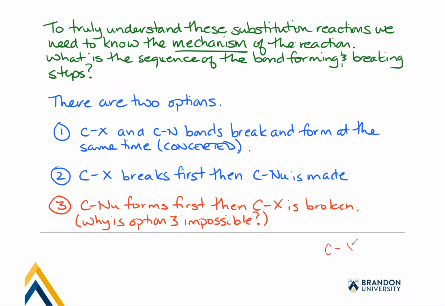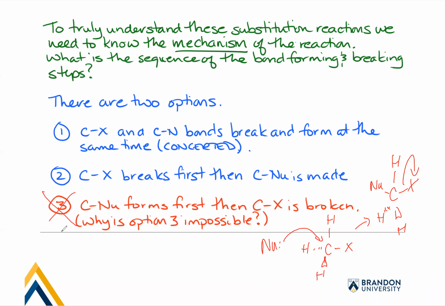Say we've got X, H, H. Then do that. We can't do this because carbon can't have 5 bonds, right? So you can't break the octet rule. So this third one's basically impossible because of the octet rule.